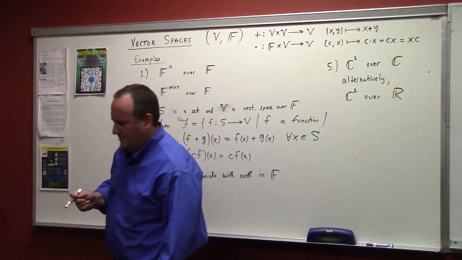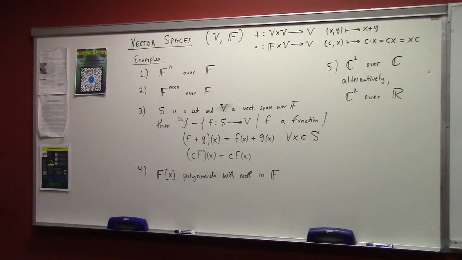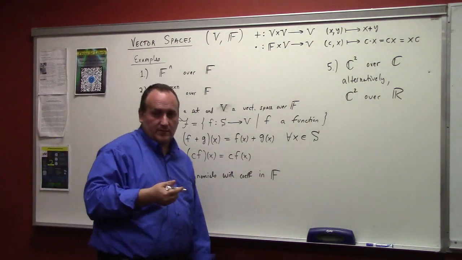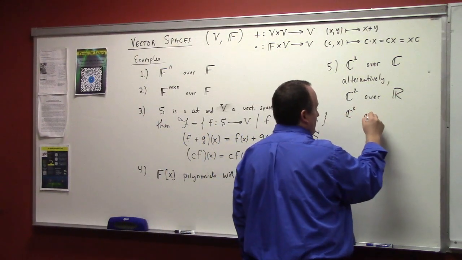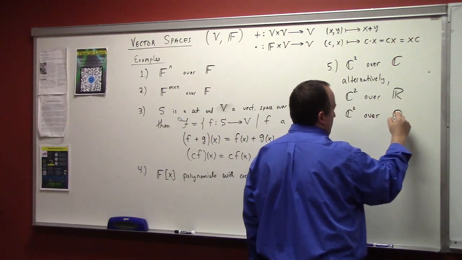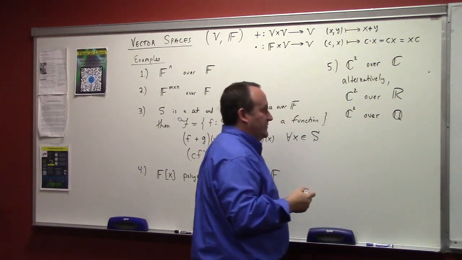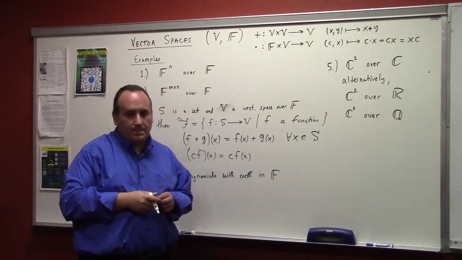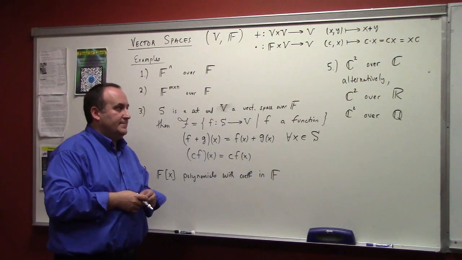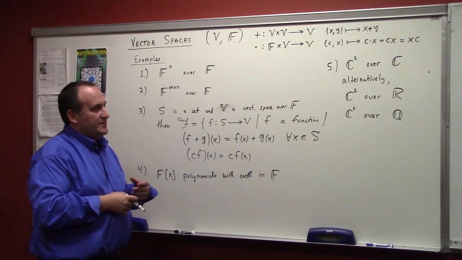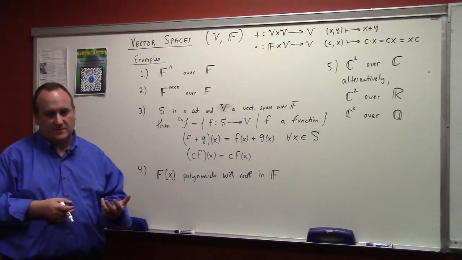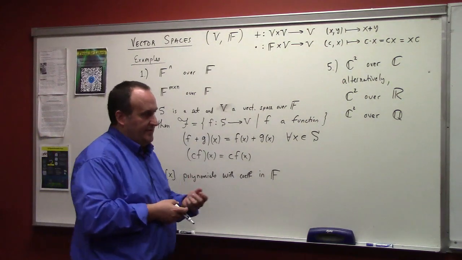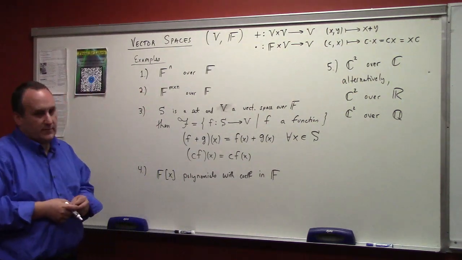Sorry. We can talk about C^2 over the reals, or more insidiously, we could talk about C^2 over the prime subfield of C, the rational numbers. And these are the same point set, C^2, but these would be different vector spaces because a vector space is the addition paired with a scalar multiplication. All right.